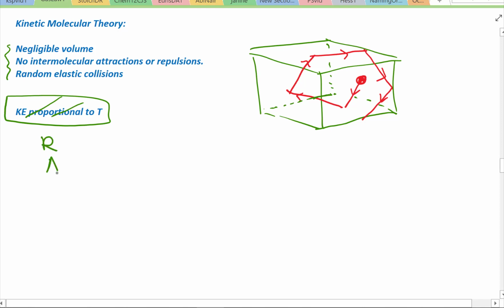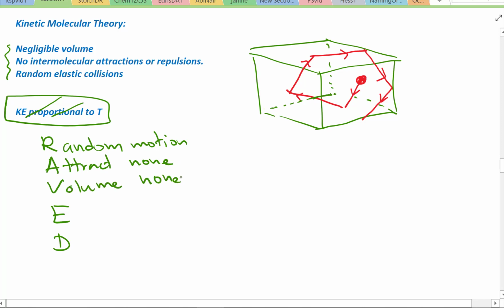There's an easy way you can think about that one. It's random motion of particles in a sample, and attractions are none. So there's no attraction between the particles. And for volume, we consider almost no, actually minute or negligible volume of each particle itself.